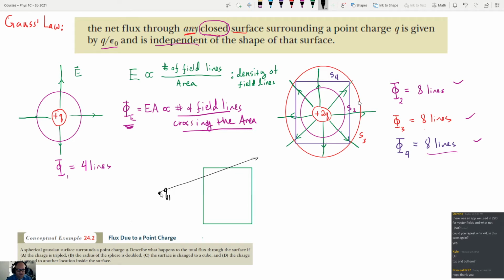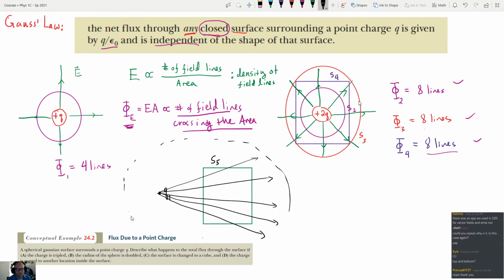They go like that, like that, like that, let's say. And let's say those are the only things that actually pierce through our surface. What's the flux through this surface going to be? Let's call it S5. And again, we're only considering this system here. Don't worry about the other ones.